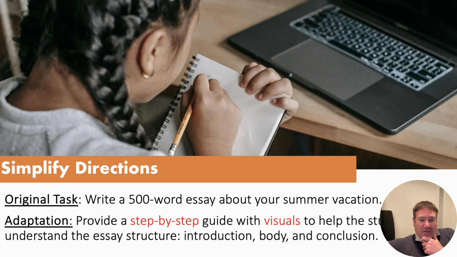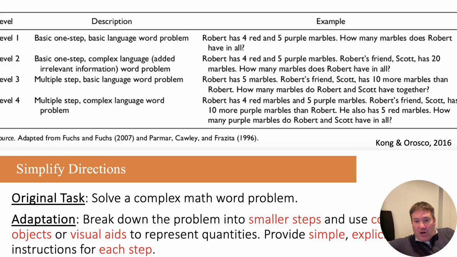Instead of writing a 500-word essay about your summer vacation, which could be very difficult for some students, provide to them a step-by-step guide with visuals so they understand the introduction, body, and conclusion requirements. Solve a complex word problem. So instead, let's break it into smaller steps and use concrete objects or visual aids to represent it for kids.